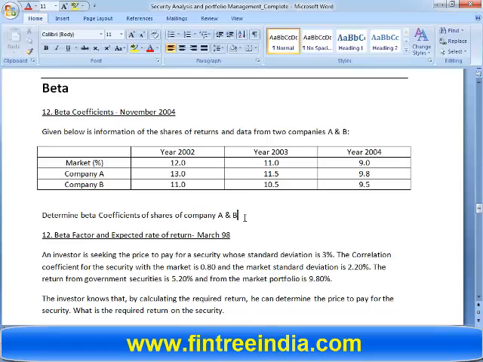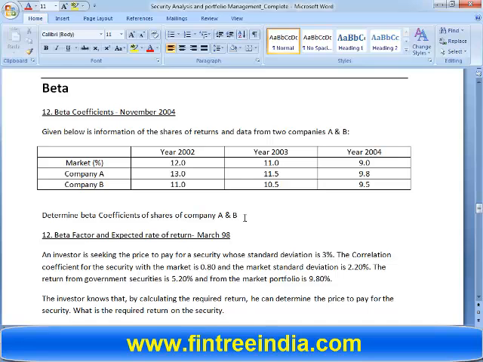Say beta is equal to covariance in bracket A oblique M divided by variance in bracket M. Covariance between A and M divided by variance of M.